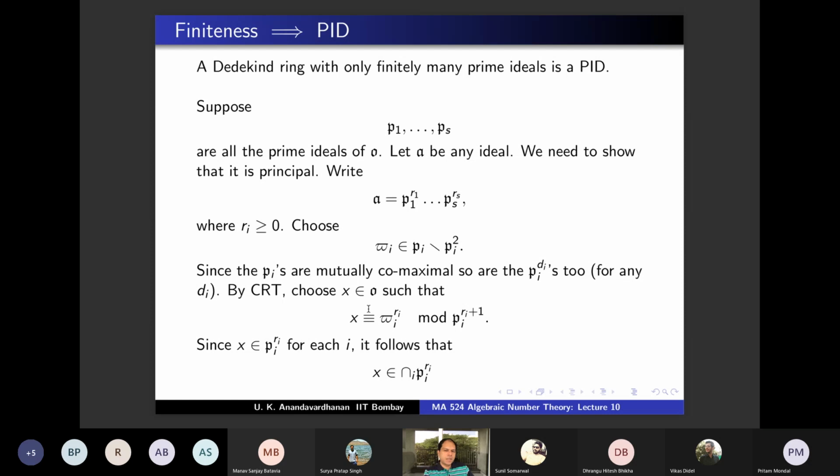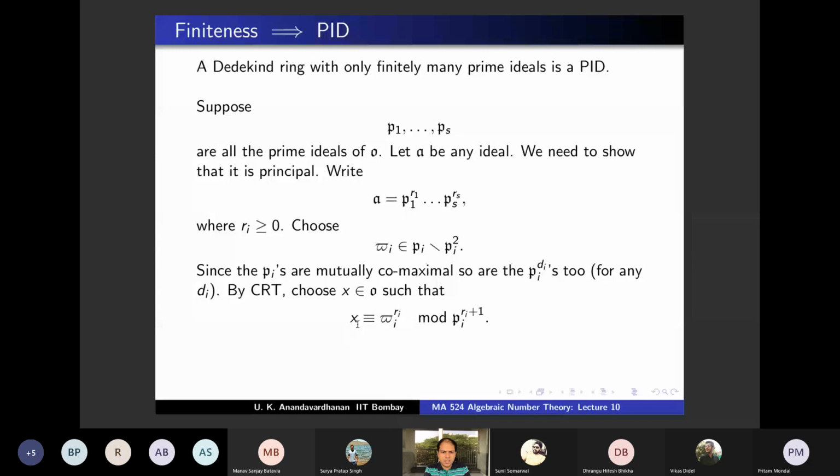One small thing is that this X belongs to A. This I needed to show because when I asked you to take this guess, you said the ideal generated by X, and that is correct, your guess is correct.